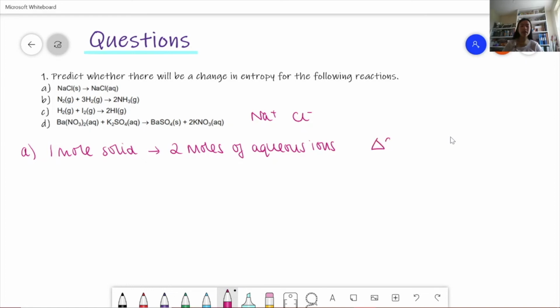And so delta S, the change in entropy, will increase.